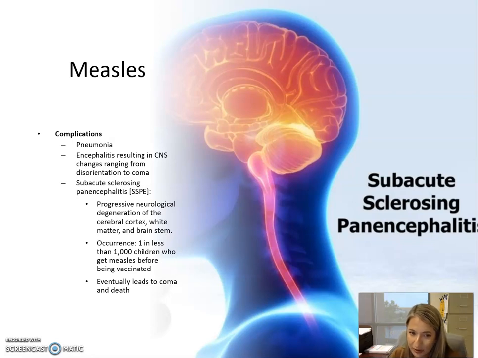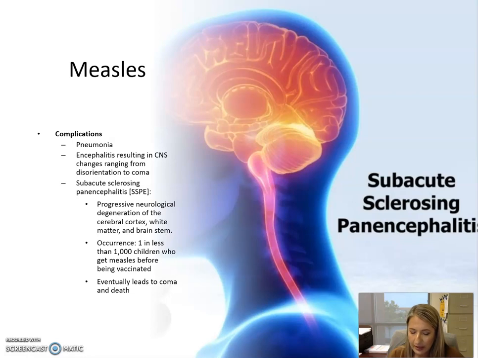And certainly the most severe out of all the measles complications is a condition known as SSPE. It is a mouthful, but the condition is subacute sclerosing panencephalitis, or SSPE. This is a neurological degenerative disorder where the measles virus gets into the brain tissue and it infects and destroys brain cells. It destroys very important portions of the brain, such as the cerebral cortex, the white matter, and the brainstem.